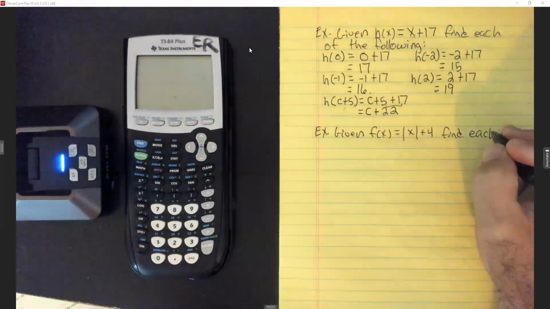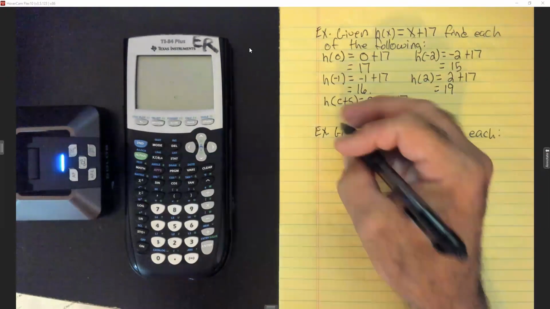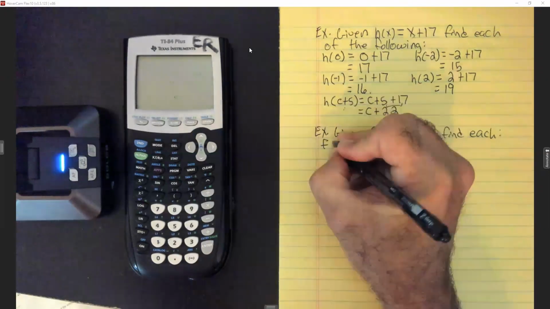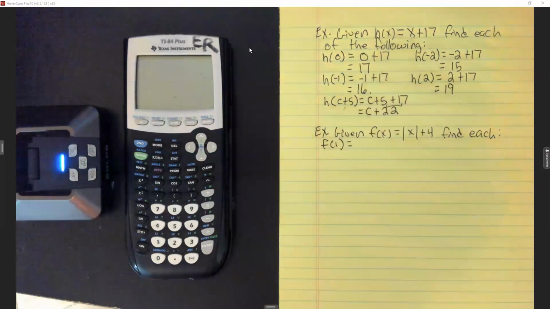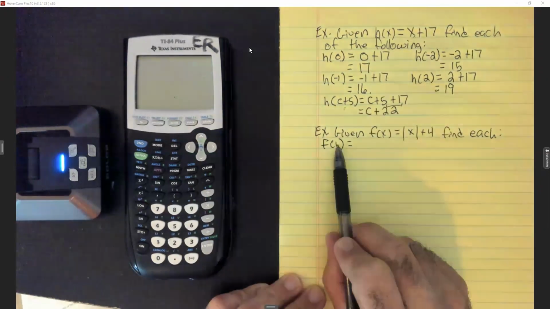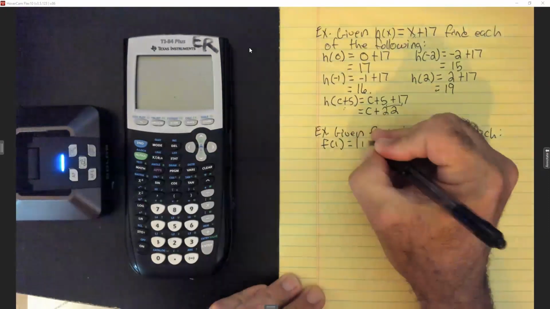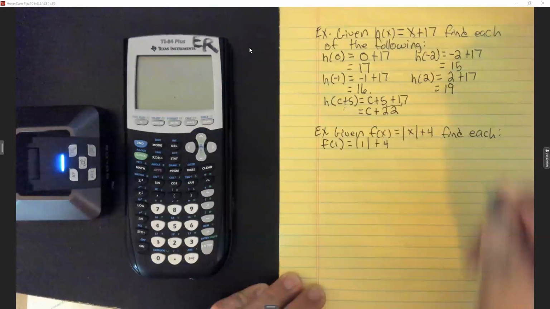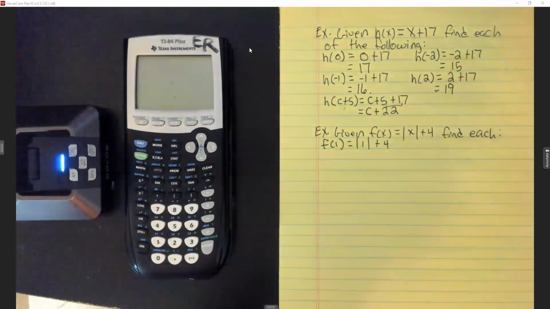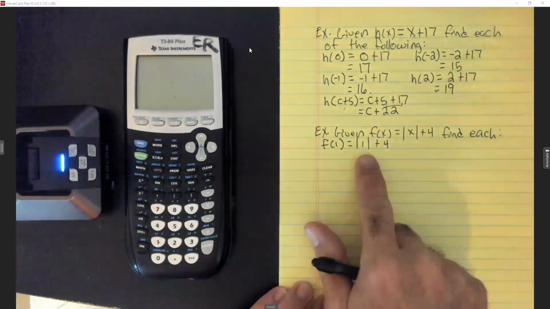Part a is going to be f of 1. So what we would do is put a 1 inside for the x, so that's going to become the absolute value of 1 plus 4. Once you get everything substituted in, you still want it to look like the function.